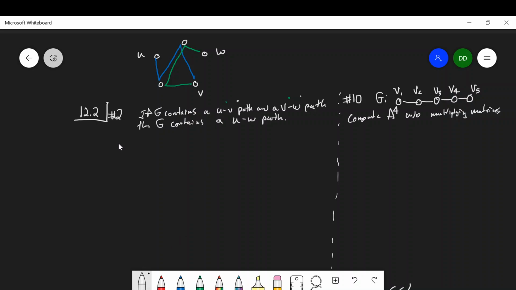So suppose P, let's say U, U1, U2, up to V is a UV path, and P prime, how about V, V1, V2, up to W is a VW path.